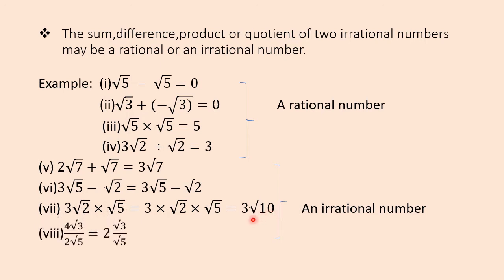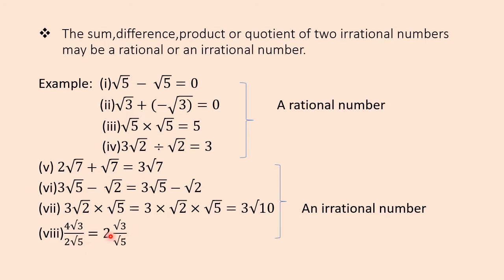In the case of the quotient, 4 root 3 upon 2 root 5. Both are irrational numbers. Now you can cancel the rational part, so you are getting 4 divided by 2, that is 2. The irrational part is root 3 upon root 5. Since root 3 and root 5 are two different irrational numbers, you have to write it as it is.